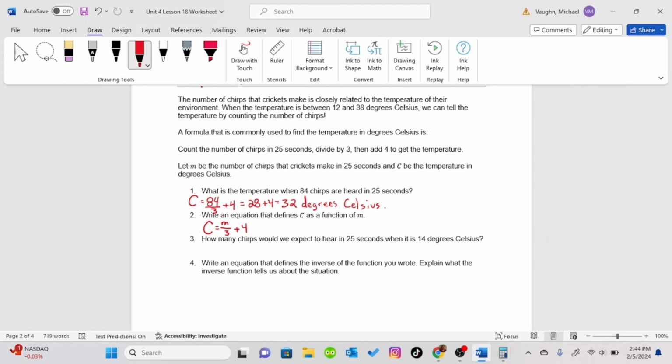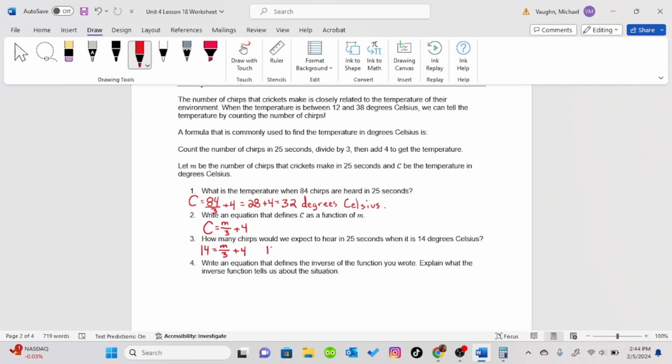Number 3. How many chirps would we expect to hear in 25 seconds when it's 14 degrees Celsius? So now we're going to plug in 14 for C in C equals M divided by 3 plus 4. Next, I would subtract 4 from both sides.